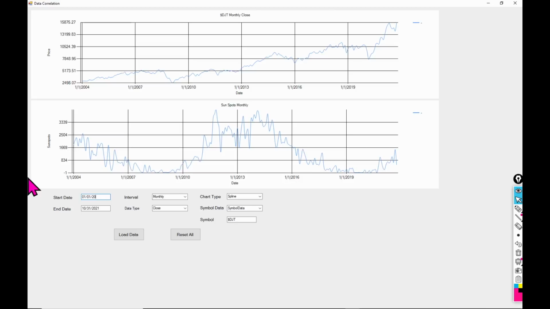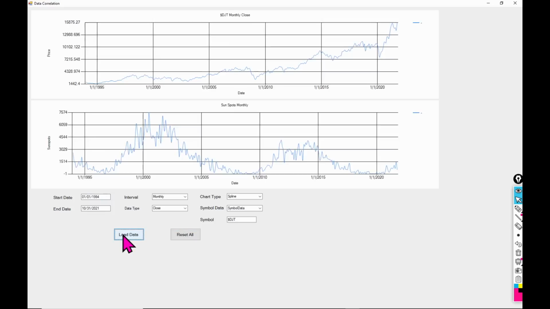Let me go back to 1994. Look. Did I tell you weak? Look at the difference in energy, the lack of energy from the previous solar cycle to this one. Look at that. It's huge.